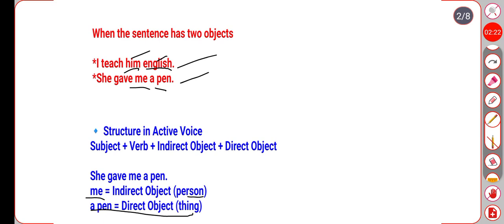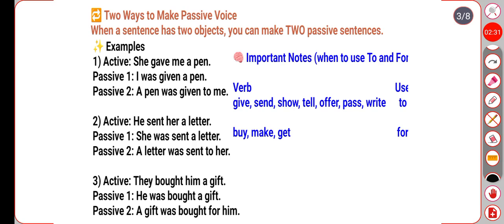So we can solve it in two ways. We can convert it into passive voice in two ways here, with the direct object as well as the indirect object. Suppose we convert with the indirect object, how will you do it? First, me will become I as the subject in passive voice.